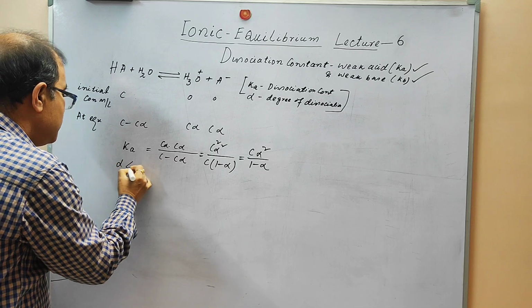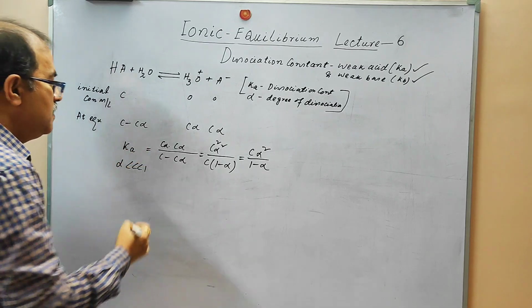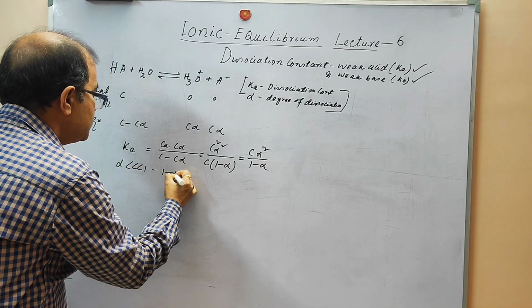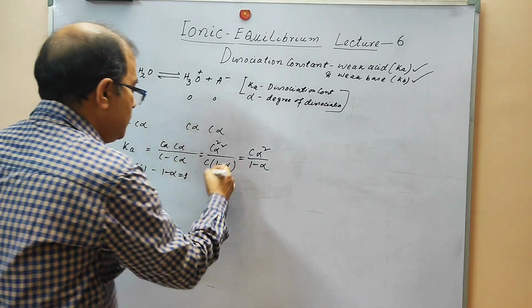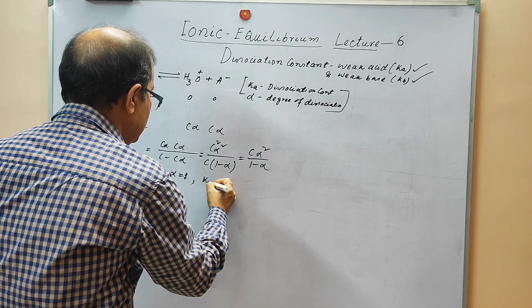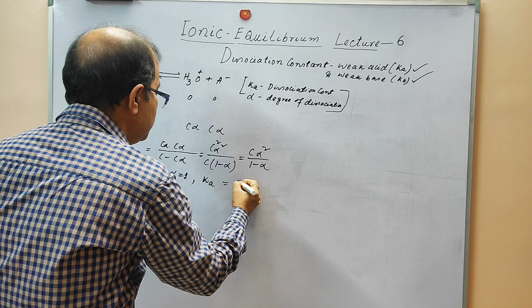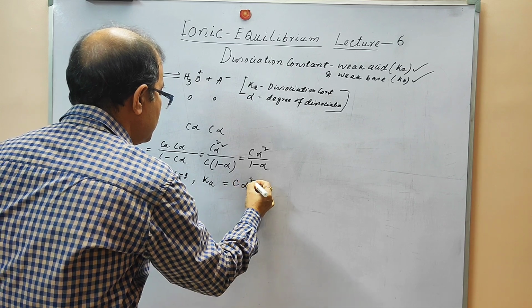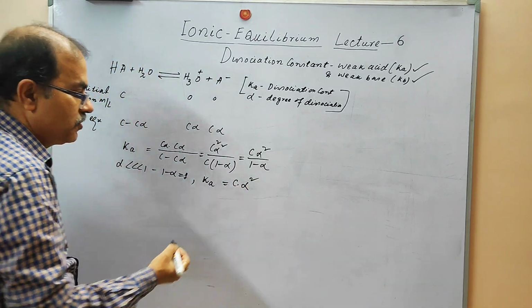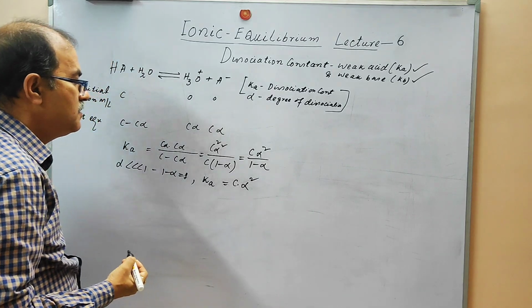As alpha is much less than 1, 1 minus alpha is approximately 1, so the dissociation constant can be expressed in terms of the initial molar concentration and the degree of dissociation as Ka equals C alpha square.